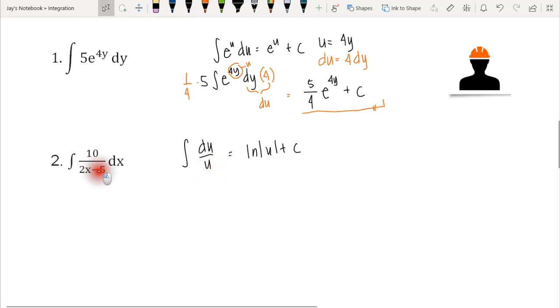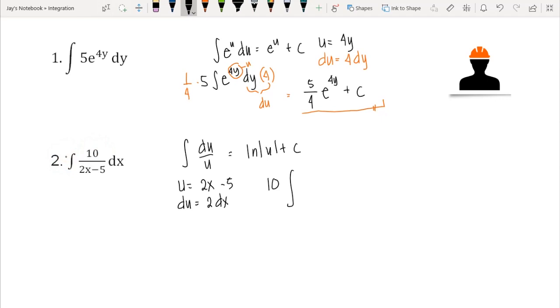Then we get the derivative of u, the derivative of 2x minus 5, that would give us 2 dx. Now actually we can rewrite this function by moving 10 outside of the integration. That gives us 10 times the integration of dx over 2x minus 5.